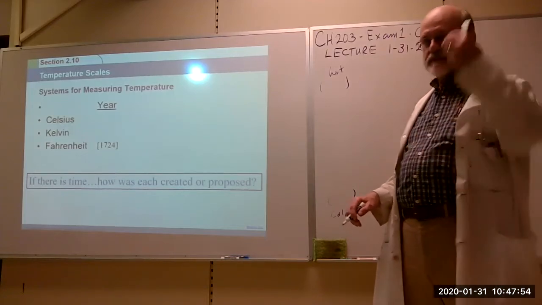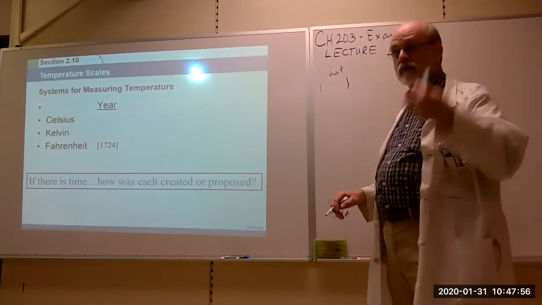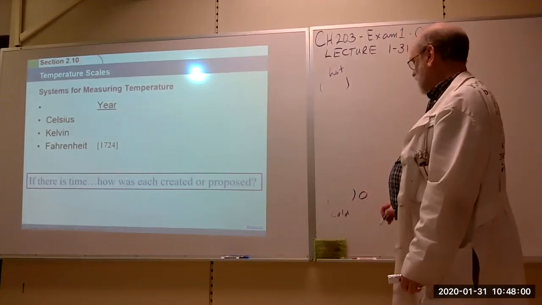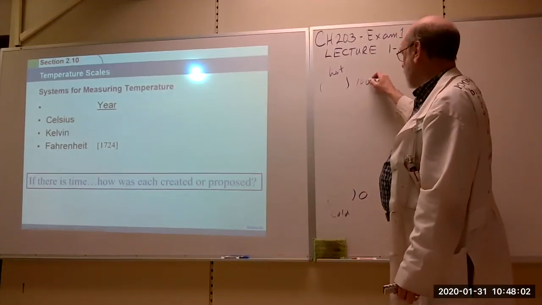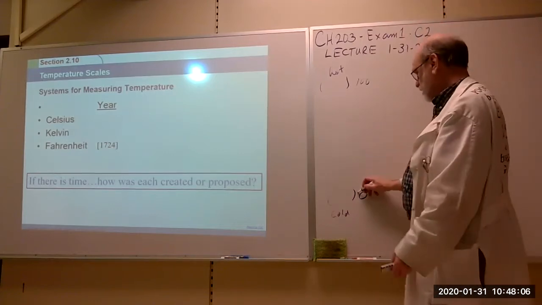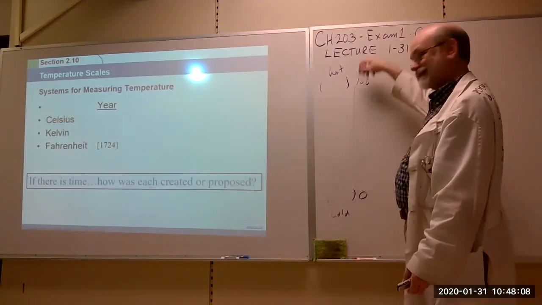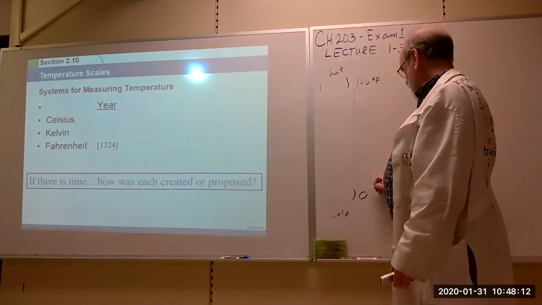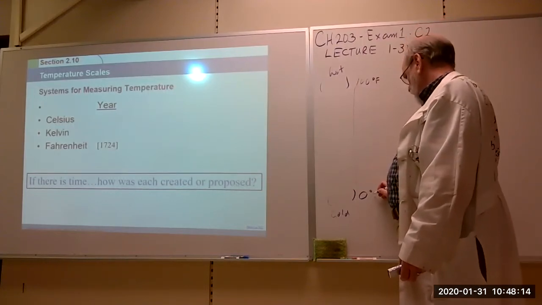And that was ice mixed with salt, sodium chloride. And he said, that's my 0 point. And this is my 100 point. Then he can divide it equally, 1 to 100. Okay? So this is 100 degrees Fahrenheit, and this is 0 degrees Fahrenheit.